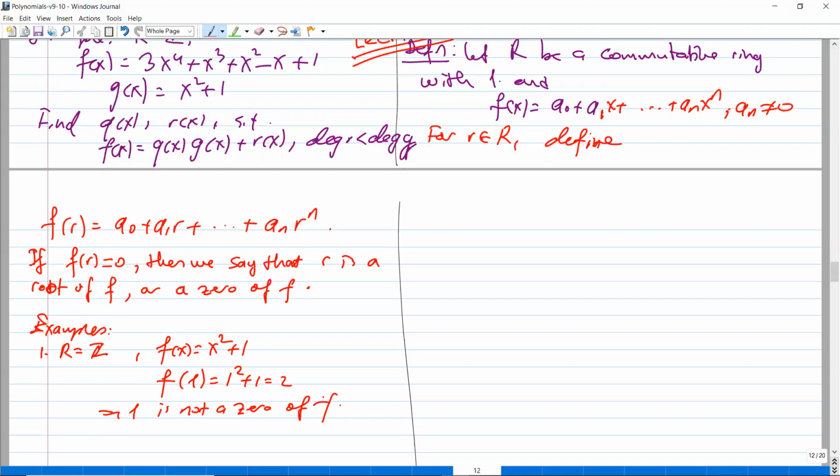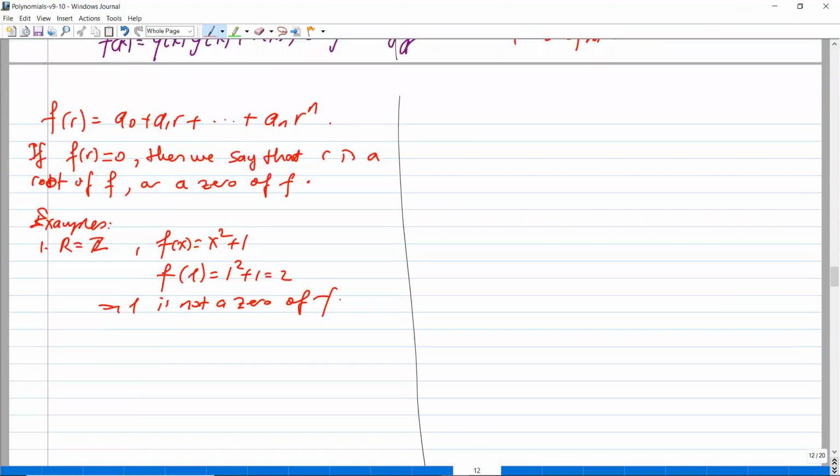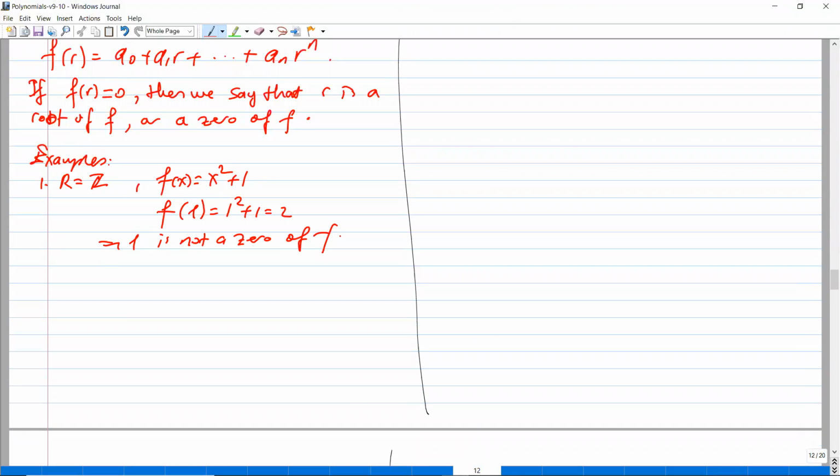In particular, as we know, this polynomial has no zeros in real numbers. In fact, f of x equal to x squared plus 1 has no zeros in Z, or even in R.